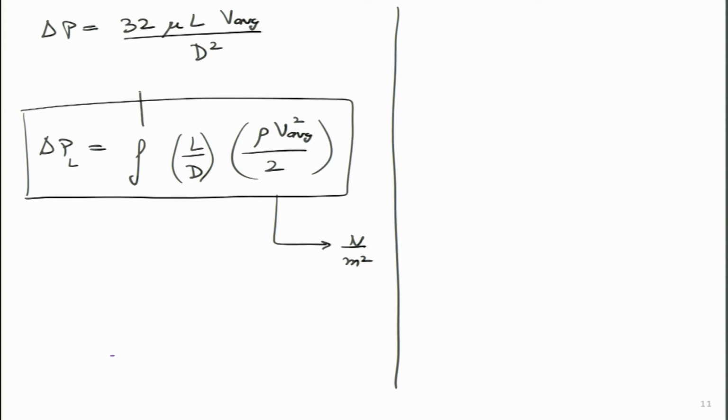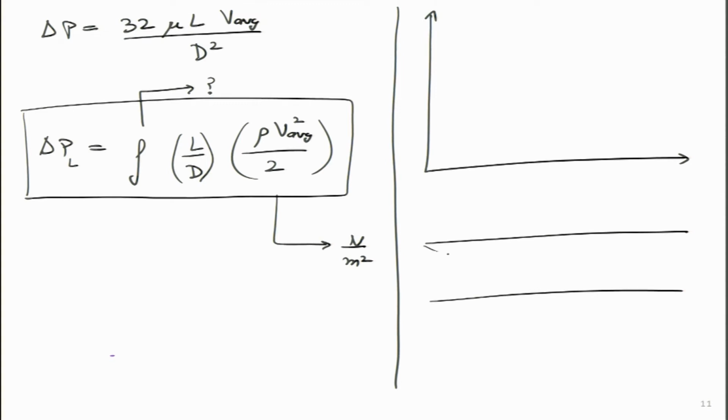And where did we look at this F earlier? This is the friction factor. If you remember, we had looked at it earlier in the case of developing flow. So, if this is my velocity boundary layer and this is my thermal boundary layer, we had looked at the value of F as a function of x. So, this is Fx.